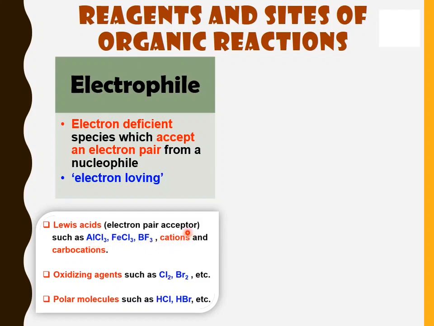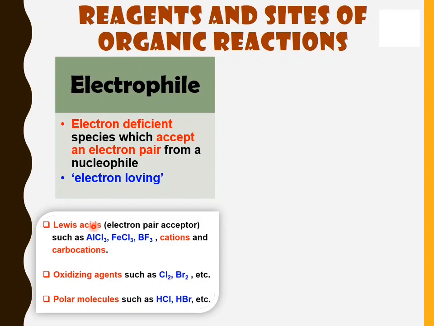Another one, we have cation, positive charge, and carbocation, which is the carbon that has positive charge. Next, we have oxidizing agents such as chlorine molecule, bromine molecule or bromine gas. And then the last one, we have polar molecules such as HCl, HBr.